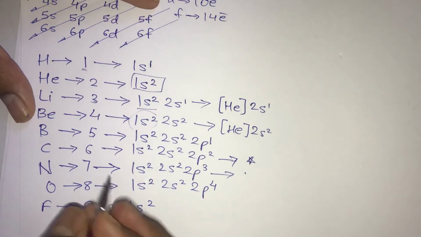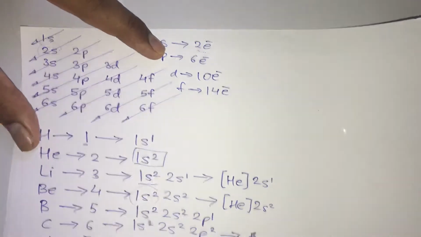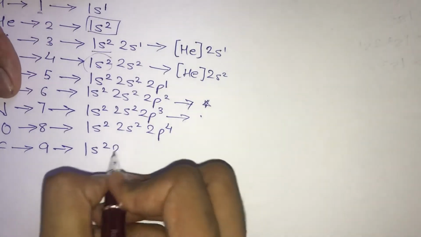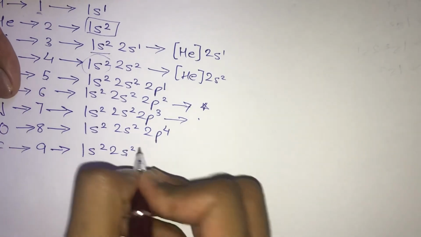After 1s is completely filled, you will go to the next diagonal, you meet 2s. As we all know, the s subshell can accommodate a maximum of 2 electrons, so it is going to take the next 2 electrons.